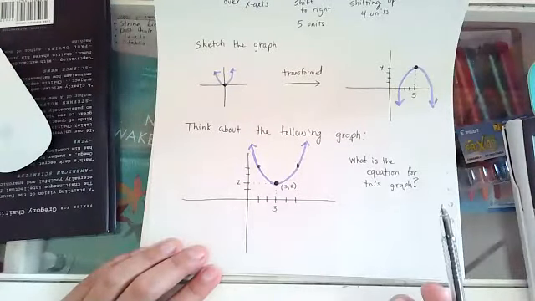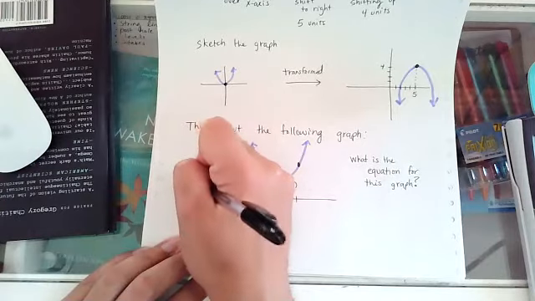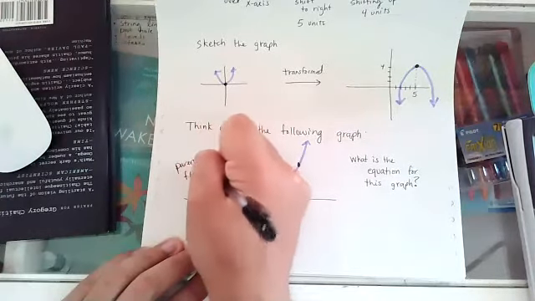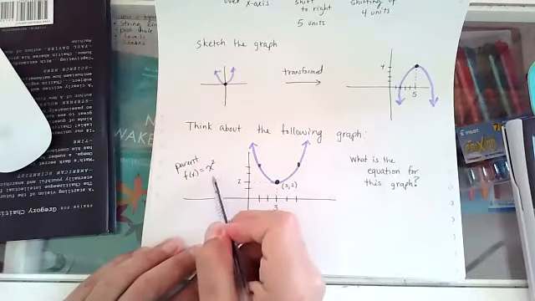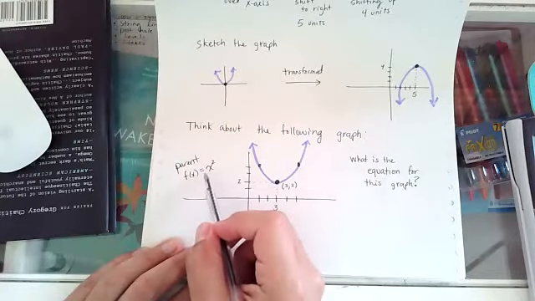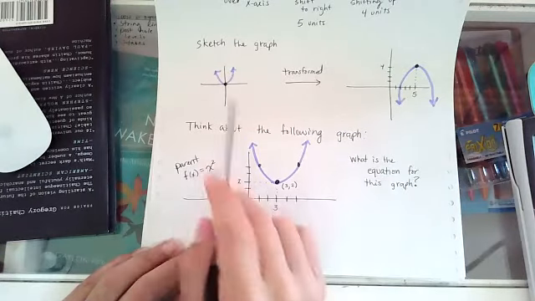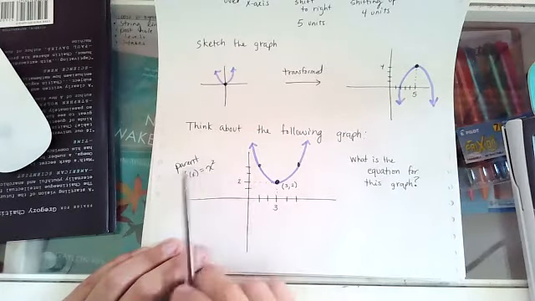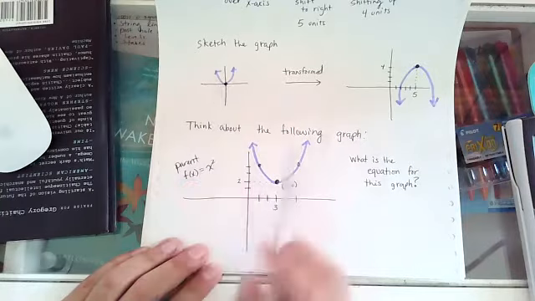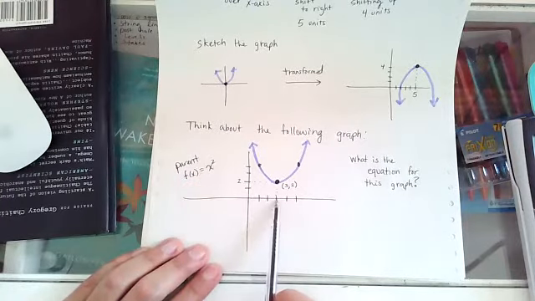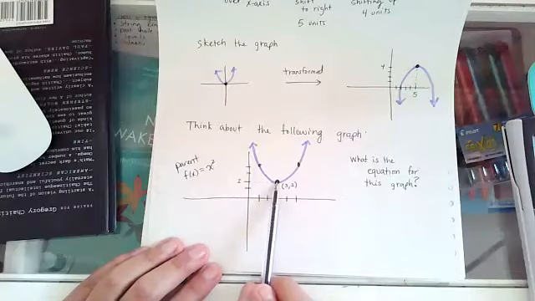So for this, we can say that the original parent function, because it has this U shape, the parent has to be f of x or y is equal to x squared. The basic square function or the quadratic function. Okay, but because the parent function starts here at the origin in the middle of the coordinate plane, we've actually shifted over to the right 3 and then up 2.